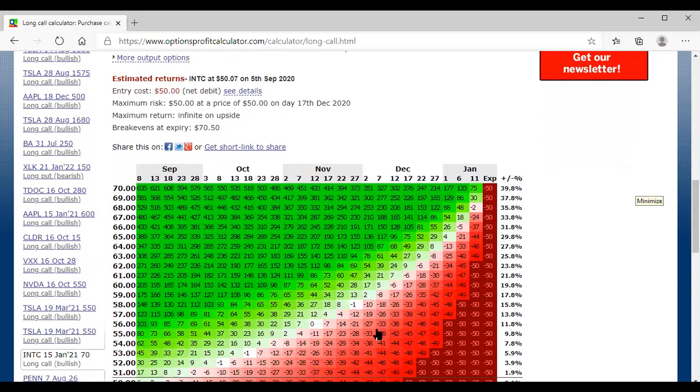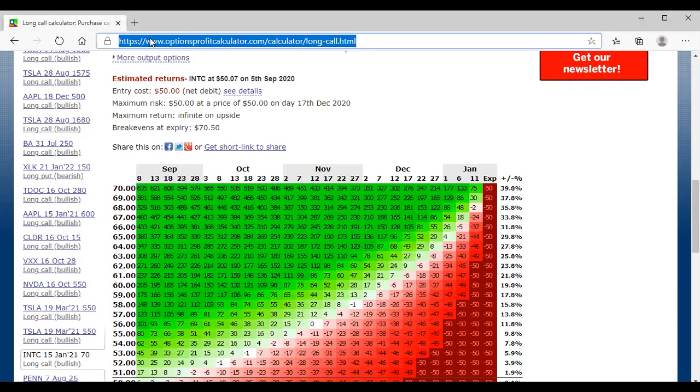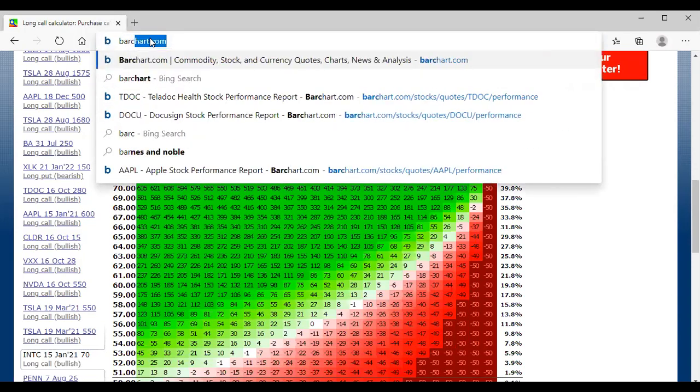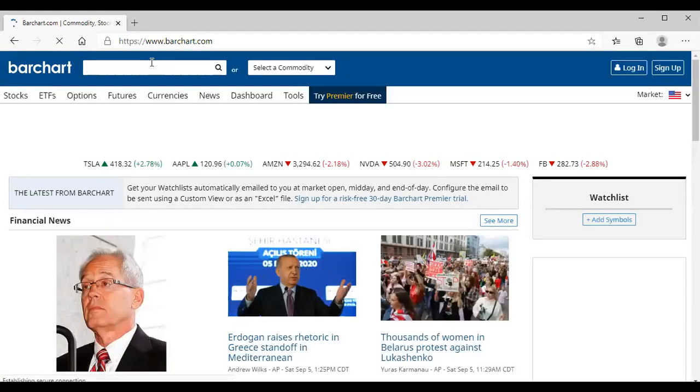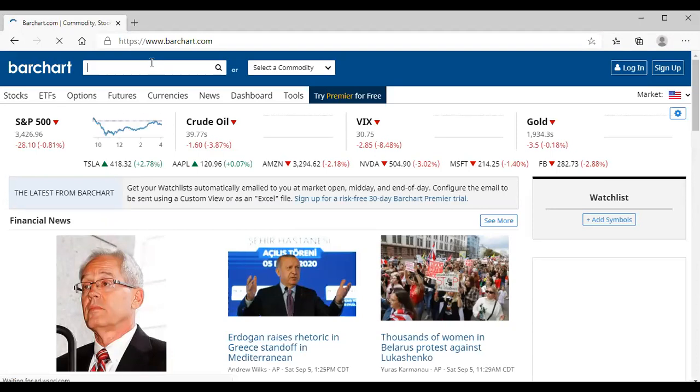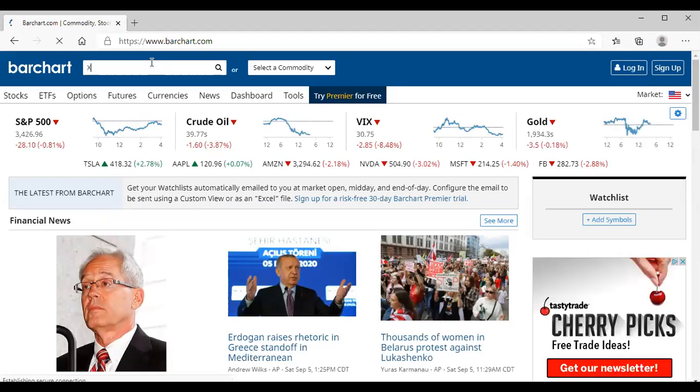But if you're doing an XLK 2020, what would your strike price be? Let's see. Let's do the math. Yes, September 14th is when the new contracts come out.